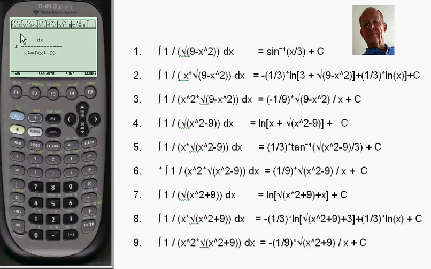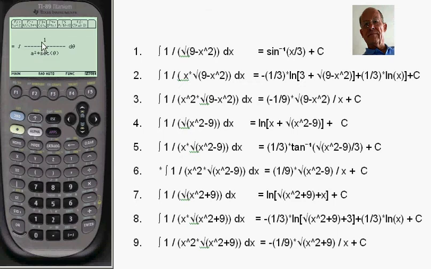So now here's the original problem again. We're going to substitute for x squared that we found, and we're substituting for square root of x squared minus 9 that we found. That turns out to be a squared times secant squared of theta times a times tan of theta, and then here's the dx up here on top, secant tan theta d theta.